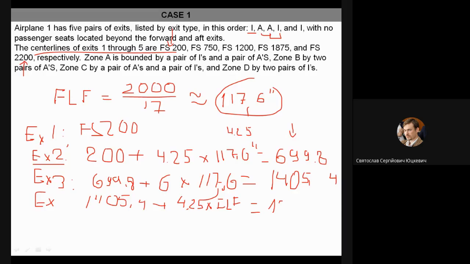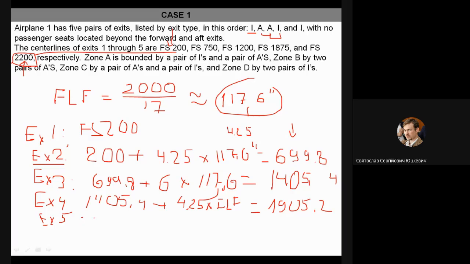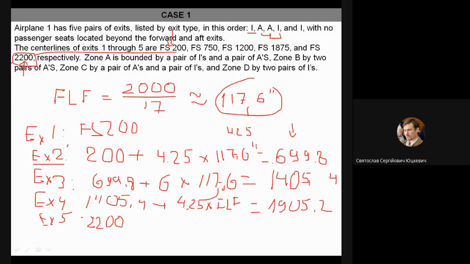It will be 1905.2 inches. And for exit number 5, the last one, we use the already existing number because it is a boundary. So it will be 2200 inches.